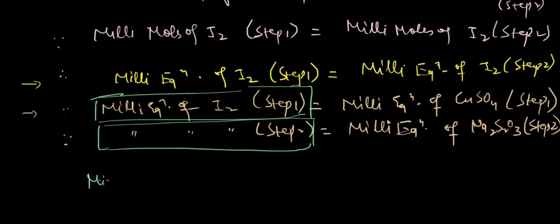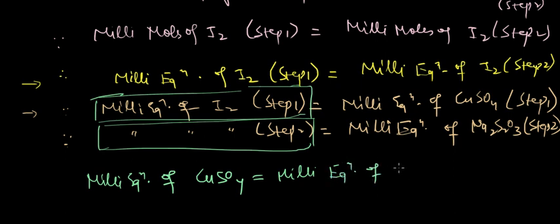Hence milliequivalents of CuSO4 would be equal to milliequivalents of Na2S2O3.